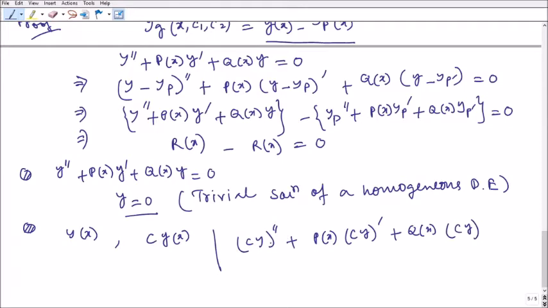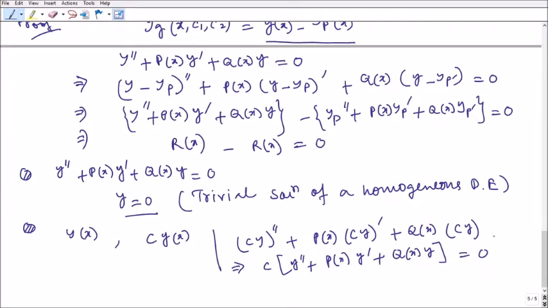So we have to calculate this term and check whether it is 0 or not. It is simply c into y double dash plus p of x into y dash plus q of x into y. This is equal to 0, because this is 0, then c into 0 is equal to 0. So c into y of x is also a solution.